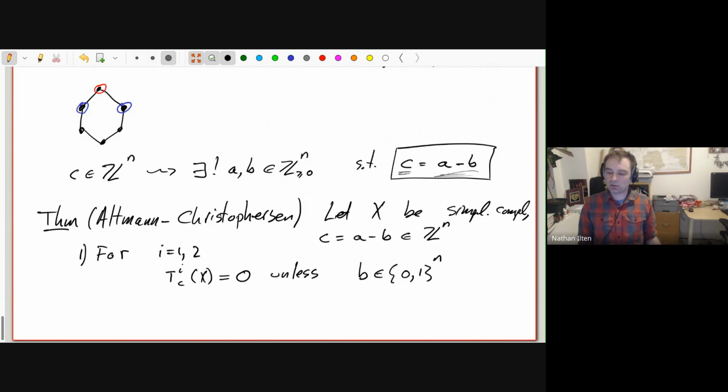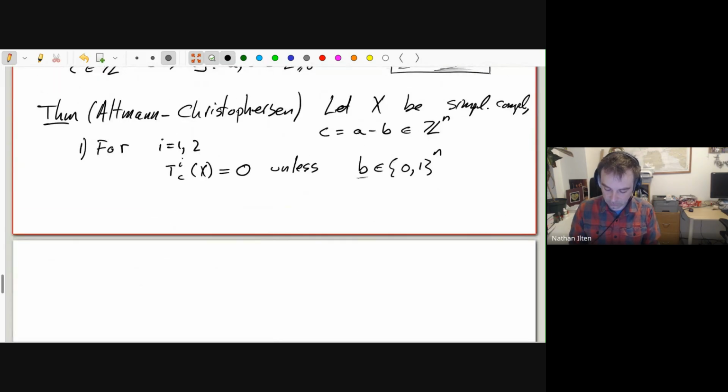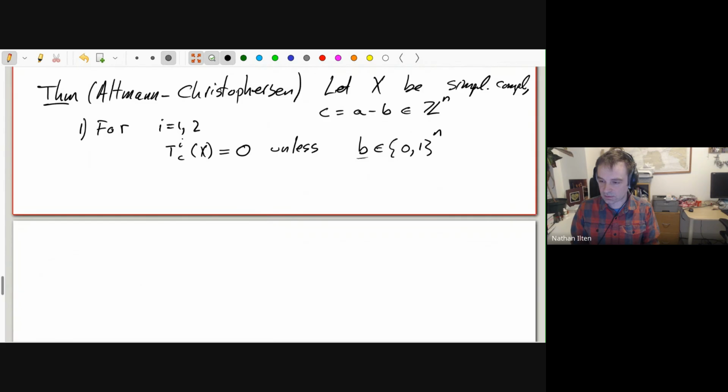Okay, so this really puts a restriction. If you're interested in situations where you have non-zero cotangent cohomology, this puts a restriction on the negative parts of the weights that you need to consider. In particular, there's only finitely many different b that you have to consider when you're formulating your weight. Okay, so this is giving us important information about the negative part of the weights that we need to think about. What about the positive parts?